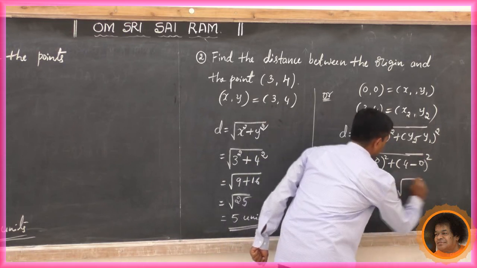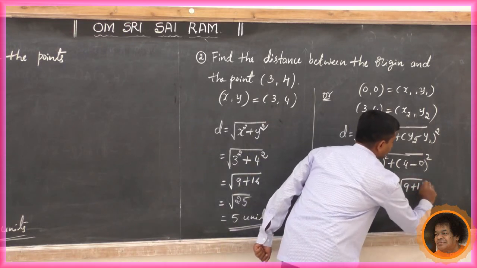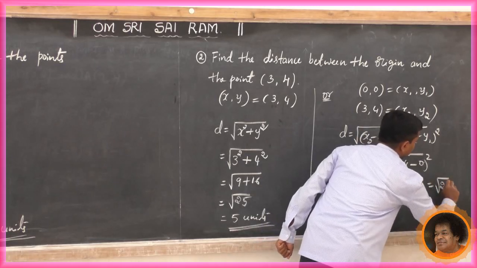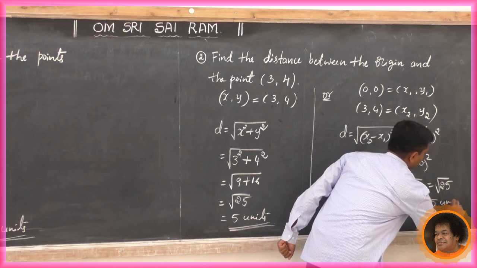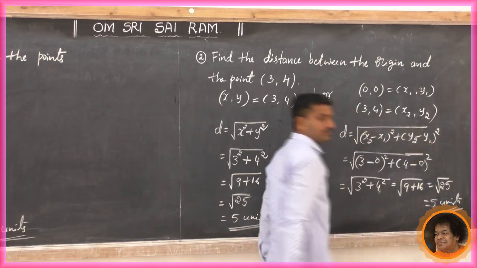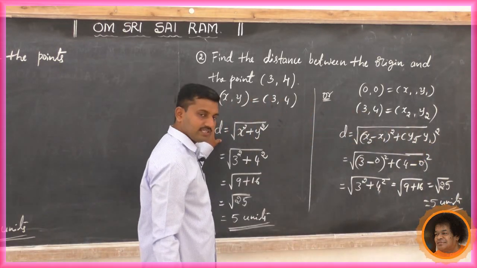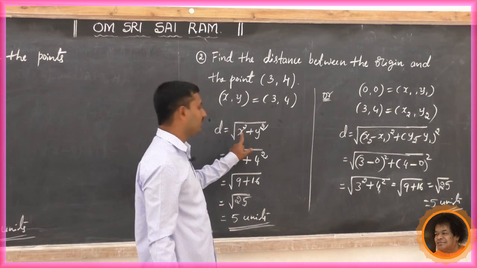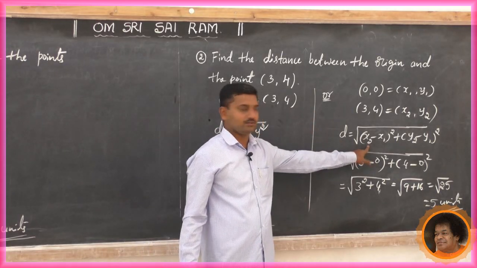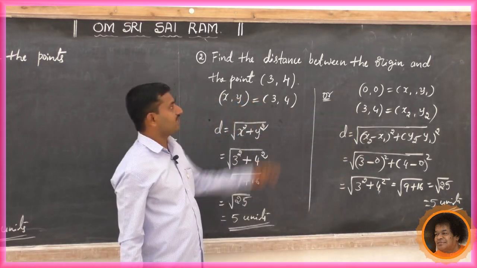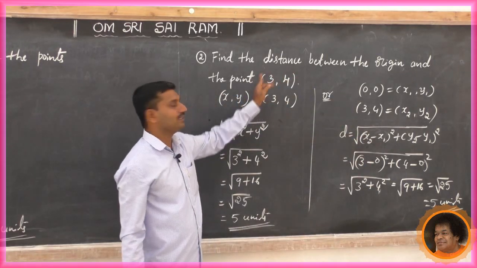So which is equal to 3 square 9 plus 16, 25, square root of 25. So the square root is 5 units. Either using the formula from the origin, d equal to square root of x square plus y square, or the distance formula, we may find the distance between the origin and the point.